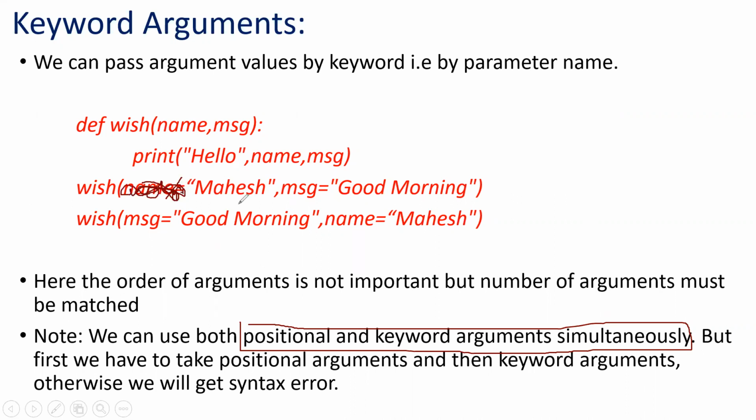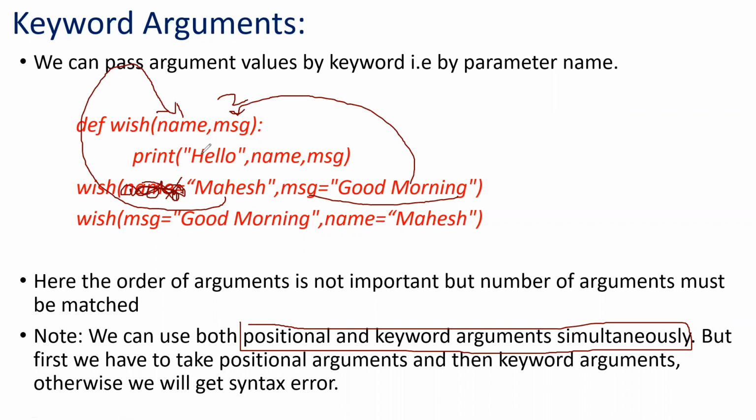Now it becomes a simple positional argument. So 1, 2. It takes name as Mahesh and it goes to the next statement, message. Already it is defined, so directly this value is assigned to this one. So while we are doing coding, I'll explain it. Okay, no need to get confused. Simply we are doing it in multiple ways.